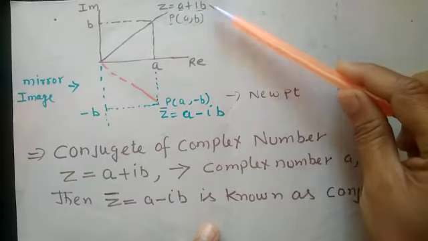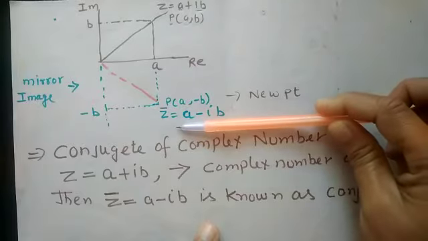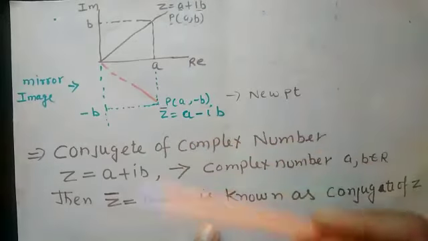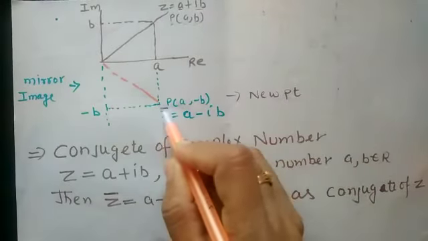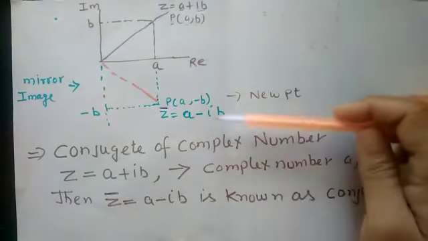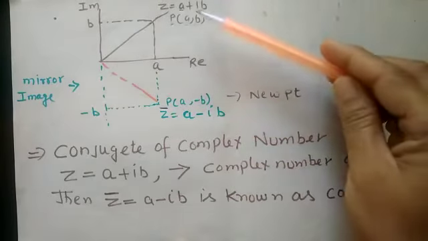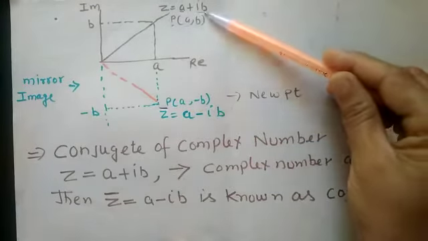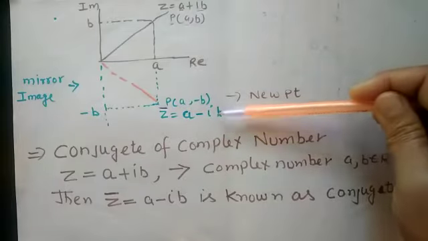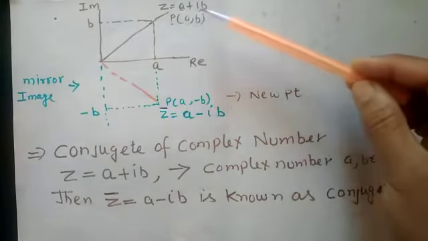The given complex number is a plus iota b, and the mirror image will become the conjugate of the complex number, and I'm denoting it as z bar. Bar means the iota or imaginary part has changed into the negative. It will change its sign. If there is a negative, it will become positive. So in this way, I'm getting the conjugate from the given complex number.